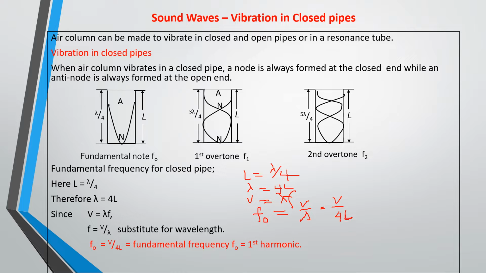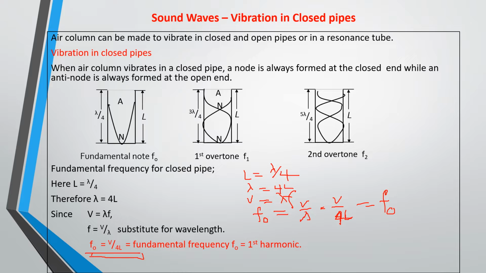This is the fundamental frequency for a closed pipe. F0, first harmonic, is equal to V all over 4L. Okay, so this is what we have here.